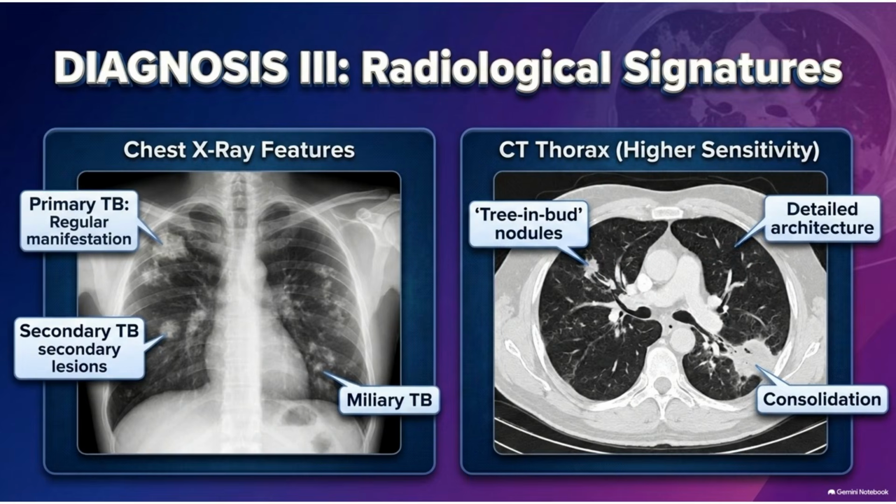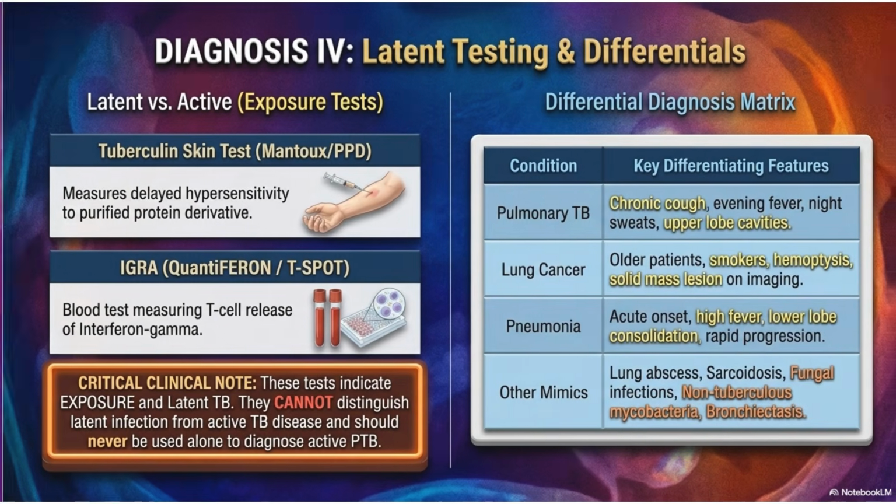Radiological imaging is vital for TB diagnosis. Chest X-rays can reveal characteristic features of primary or secondary TB, while CT scans offer higher sensitivity, clearly showing structures like tree-in-bud nodules, consolidation, and other markers of disease activity.